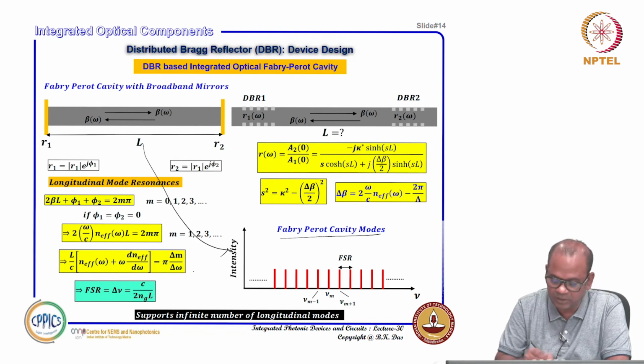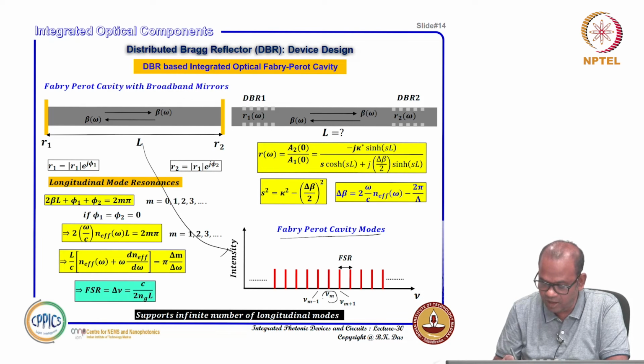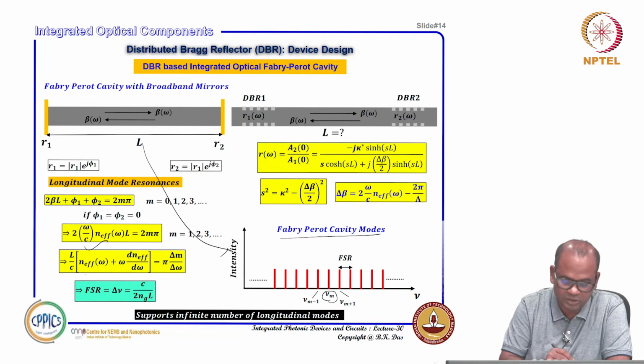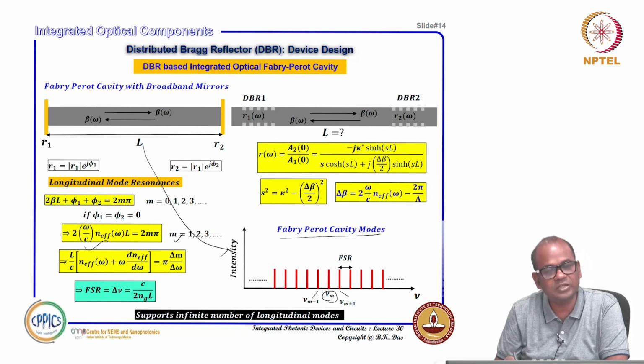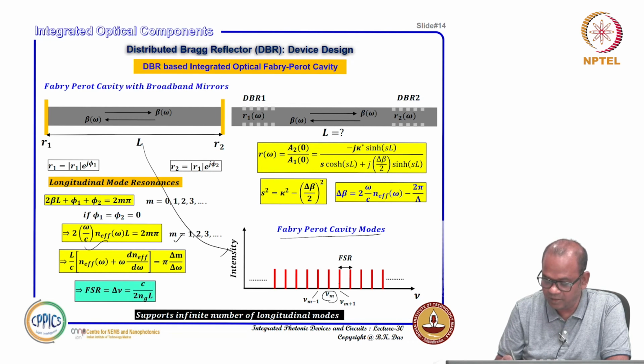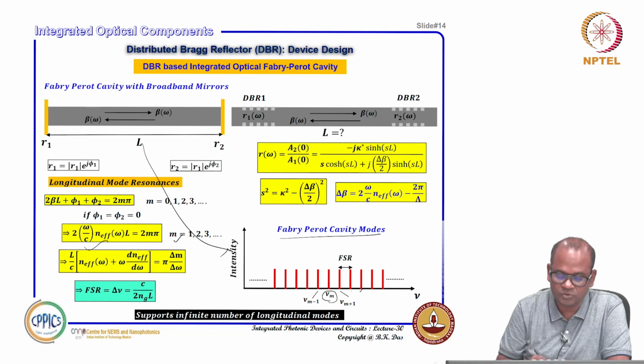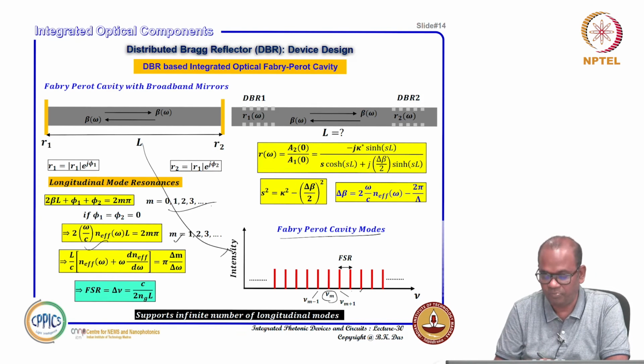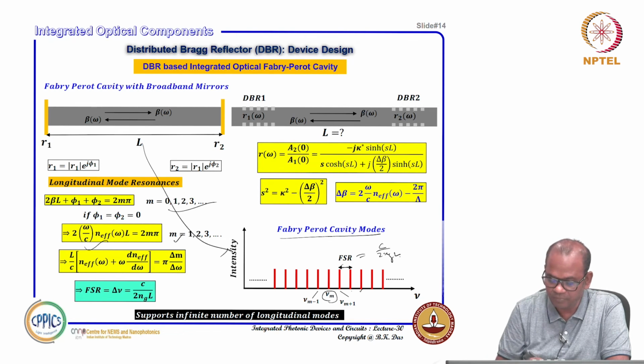If nu m satisfies the resonance equation for a certain m, then you get neighboring nu m plus 1, nu m minus 1, nu m plus 2, 3, 4 and so on. These are the resonance frequencies, their separation is the FSR, and FSR is exactly equal to C by 2 Ng L.